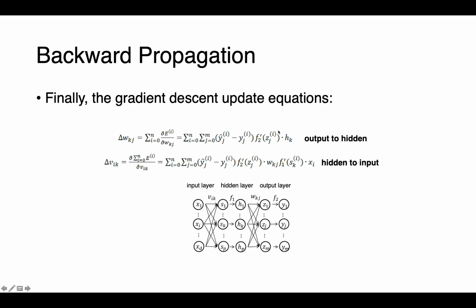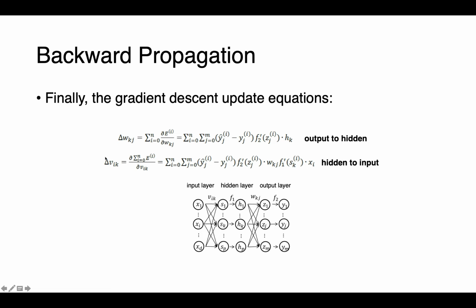We have the derivative of the activation function f2, times hk. Here hk is the latent feature, or we can say it's the output of the first layer, okay.